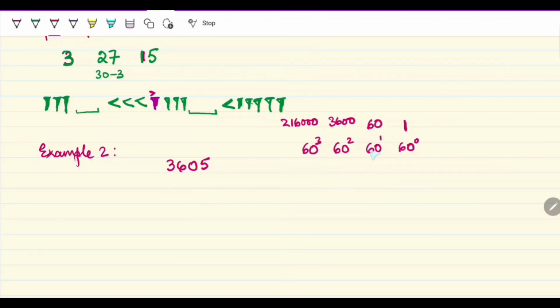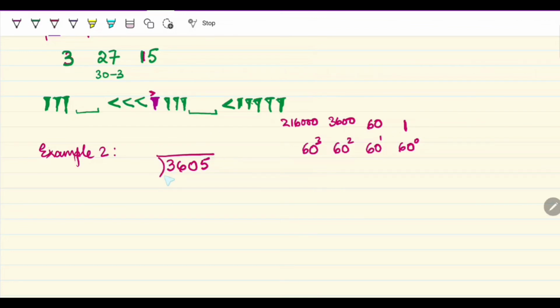I've written out the different place values in the Babylonian system. Starts with 60 to the power 0, which is a 1, and then 60 to the power 1, 60 squared, 3600, and so on. And we see that 3600 is the place value closest to 3605.